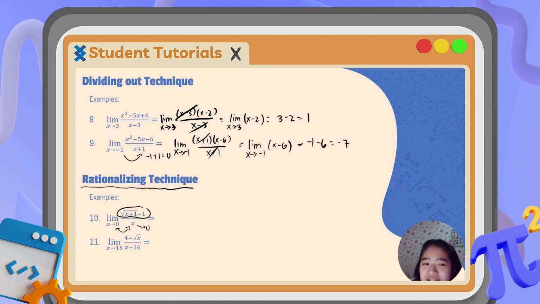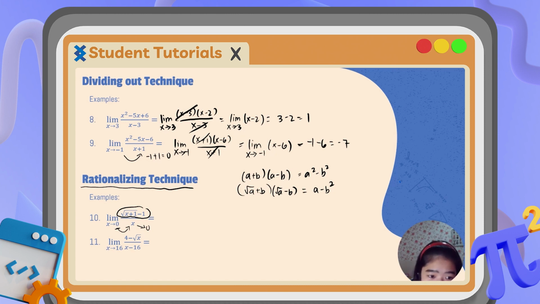So this makes wise use of this property: a plus b times a minus b equals a squared minus b squared, because when you do that, it's going to help you remove square roots in the function. So for example, you have the square root of a plus b times the square root of a minus b. This is going to result in a minus b squared, which is helpful for us.